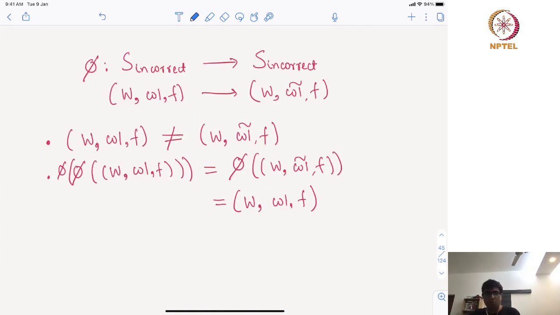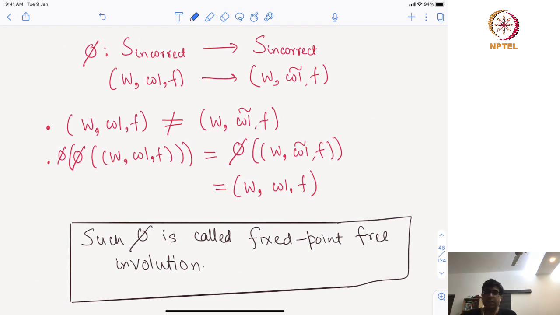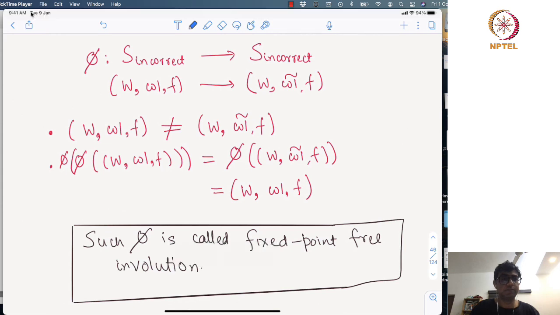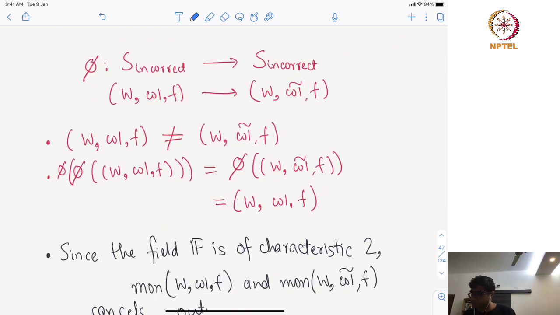So what does it imply? (W, col, f) is not equal to (W, col tilde, f). If you apply phi twice, you get back the same thing: first I apply phi, I get col tilde, apply phi again, and you get back the original. Such a phi is called a fixed point free involution.